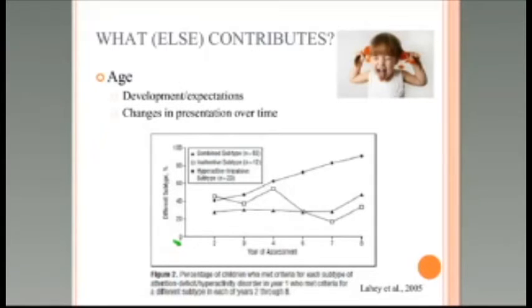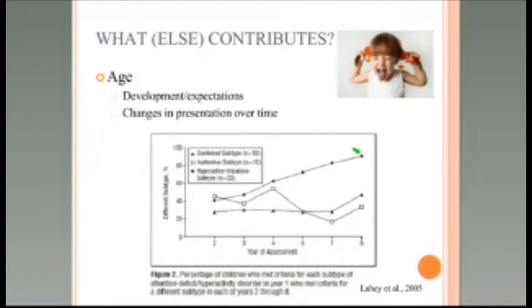If we just look, for example, at the hyperactive impulsive subtype, these are the solid circles right here. What you see is that by 2 years after diagnosis, about 40% of those individuals are meeting criteria for a different subtype. By 8 years after that initial assessment, close to 100%, or 90-some percent, are meeting criteria for a different subtype.